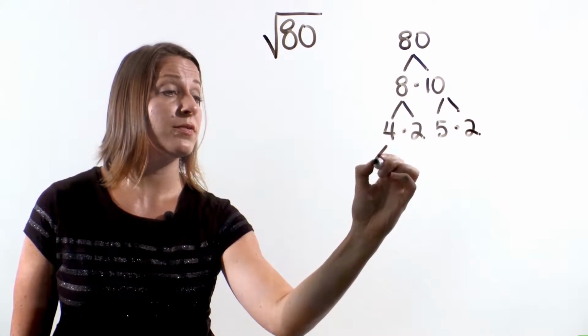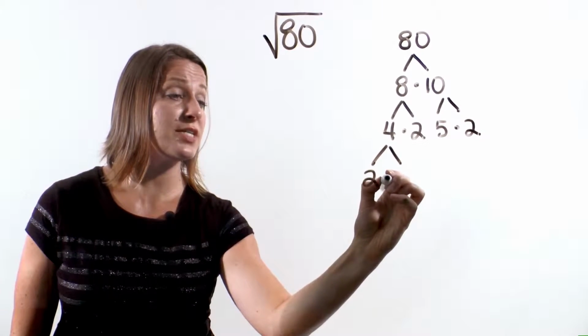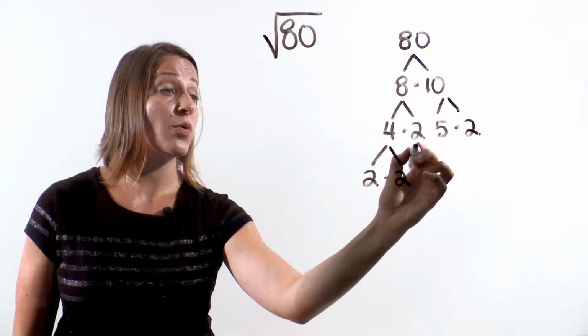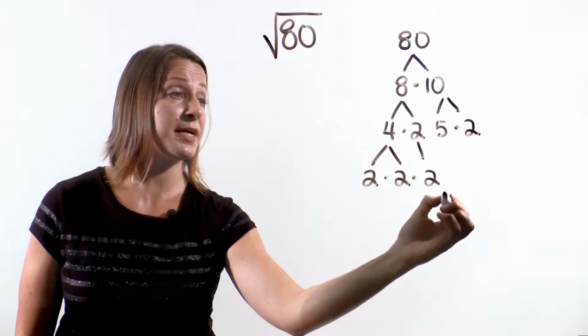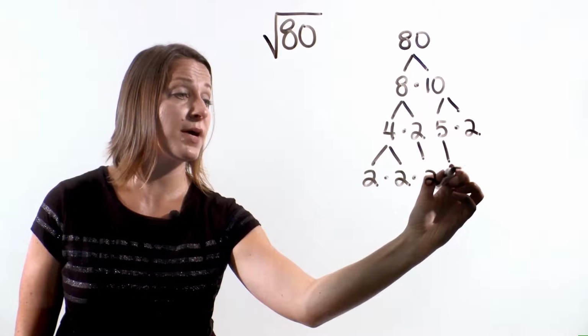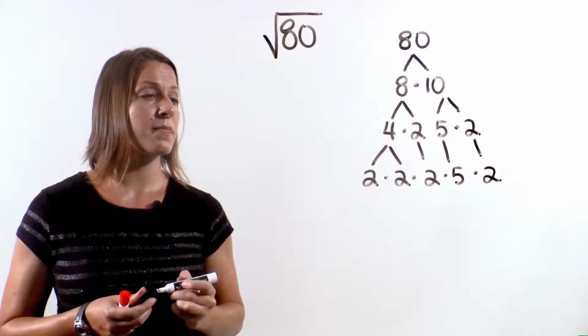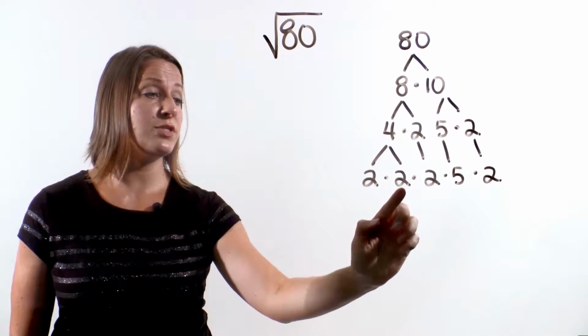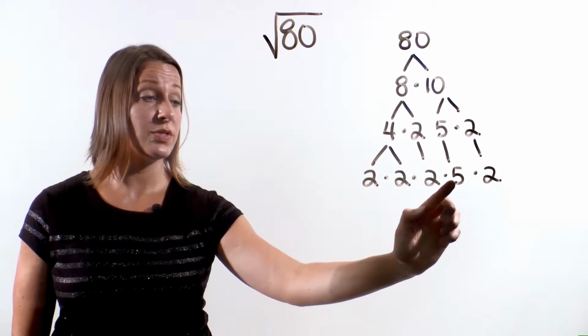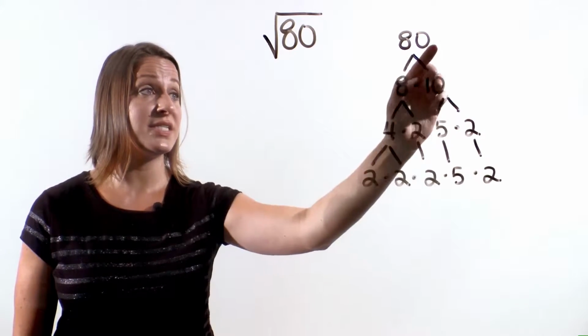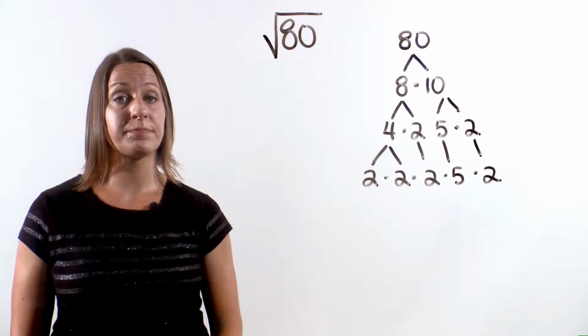Over here, the 4 breaks down to 2 times 2. We're going to bring this 2 down to the bottom line, bring the 5 to the bottom line, and bring the 2 to the bottom line. So that 2 times 2 times 2 times 5 times 2 still equals 80.